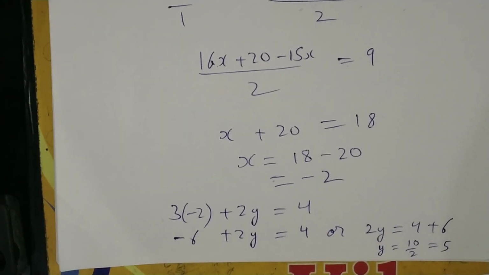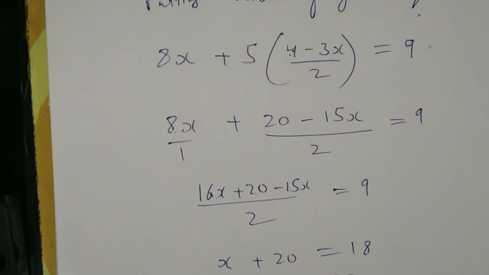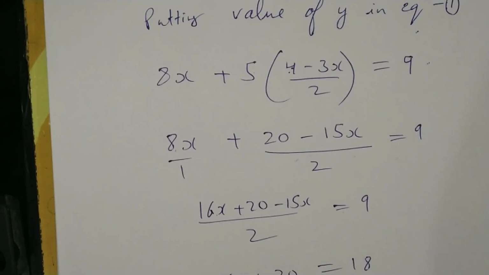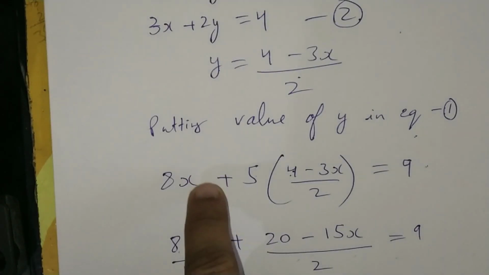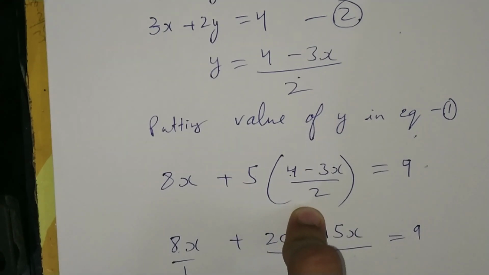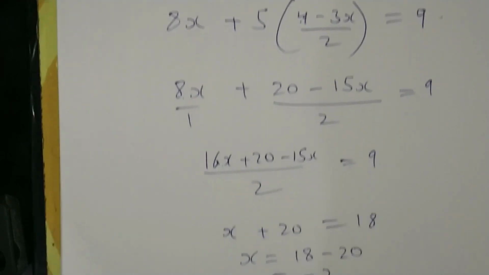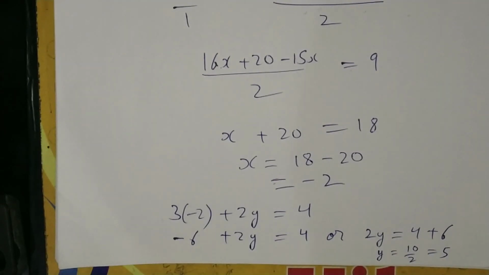So this is your answer. This is how we solve a simultaneous equation using elimination by substitution. What we did, we just eliminated the variable y here, and this led to finding the value of x.